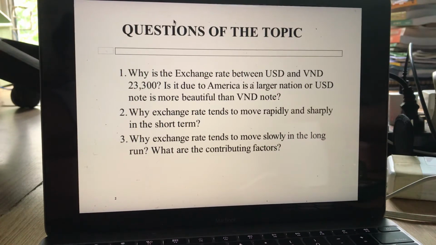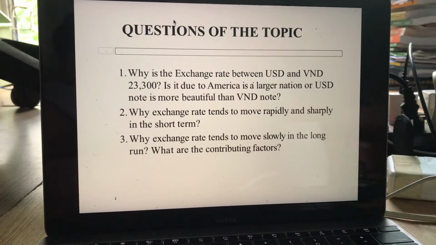That's quite low compared to the USD or the Euro or the British pound. So we may wonder where these numbers come from. Why is the exchange rate of the USD against VND more than 20,000, while the yen against VND is just around 200? Why are they so different? Where does this figure come from?